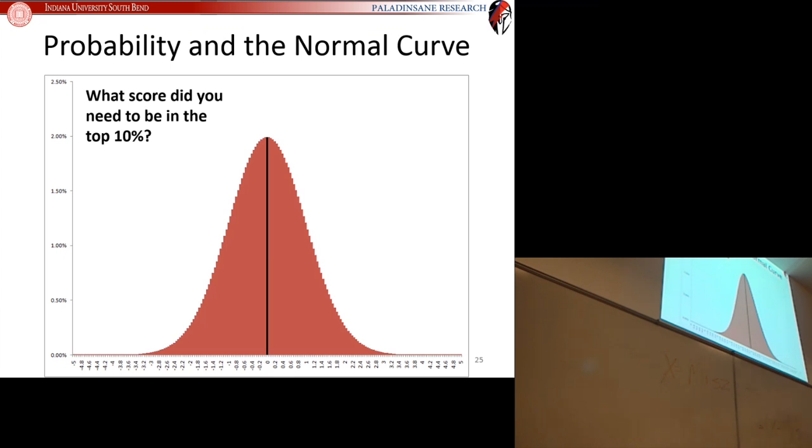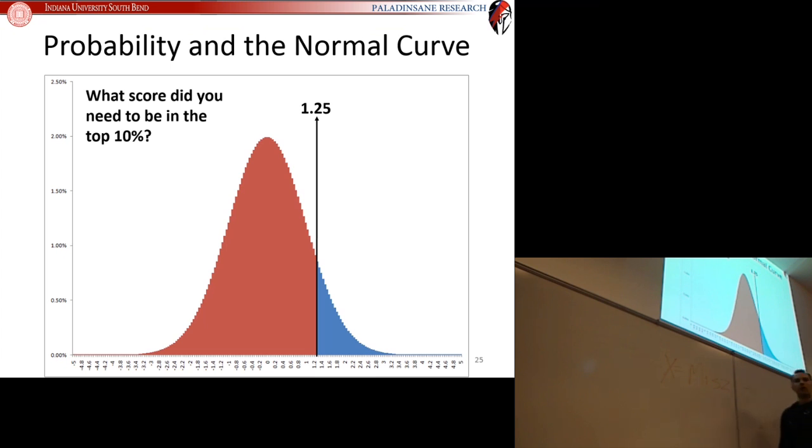You need to be in the top 10%. Well, what score do you need to be in the top 10%? In this case, we can identify what the top 10% of this normal distribution is, and then use the techniques we're about to see to figure out that it's a z-score, in this case, of 1.25. All right, so those are the types of things that we can do.